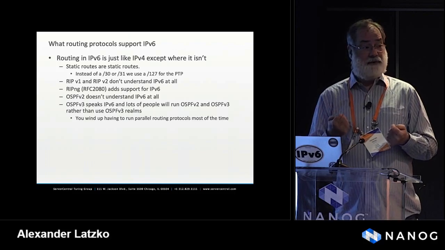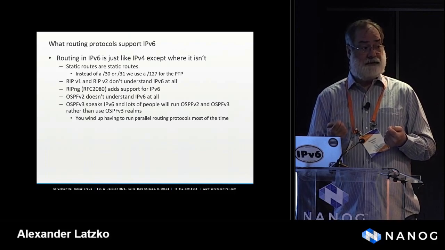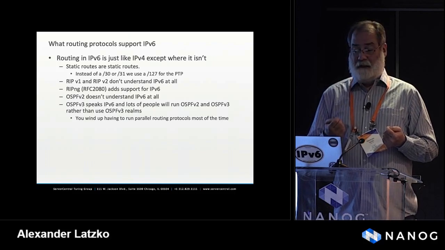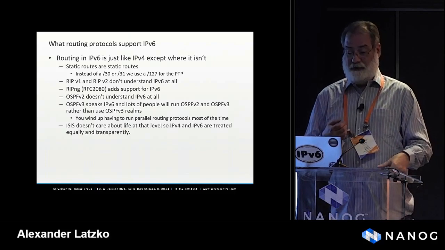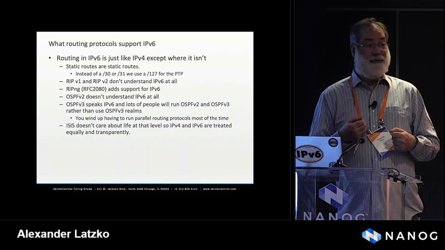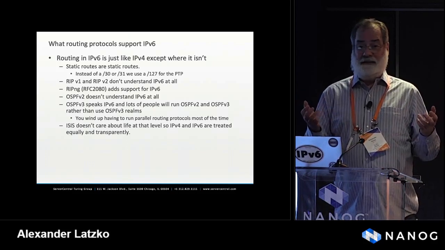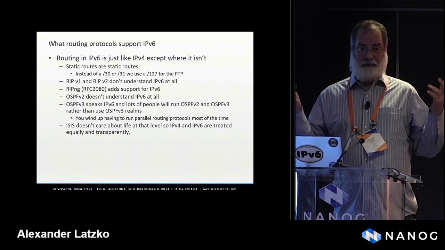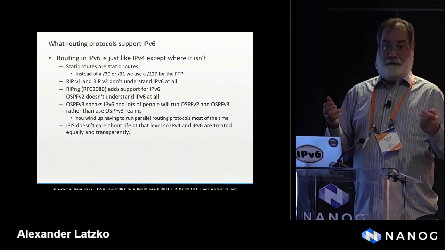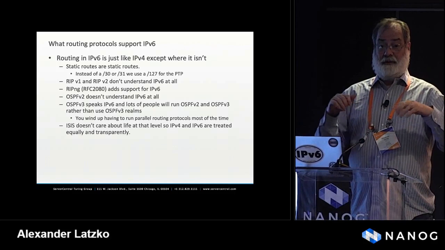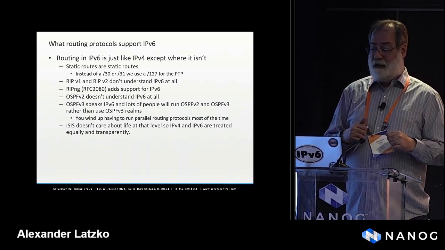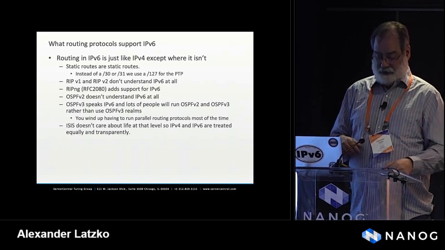Or you may have to run a parallel routing protocol to get v6. Personally, my choice is IS-IS, because it doesn't care. v6, v4, v8, whatever, it'll run it, because it's actually running at a layer below layer 3. They're equal, they're transparent.